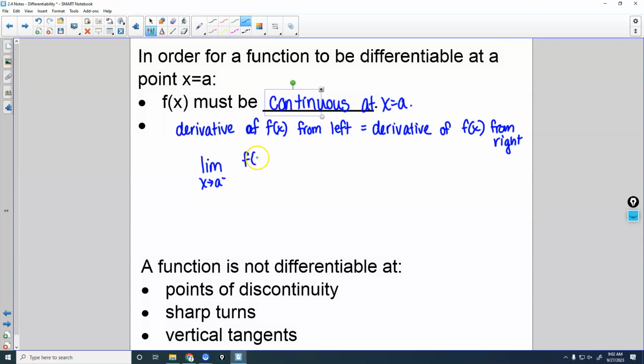It was f of x minus f of a over x minus a. It must equal the limit as x approaches a from the right of f of x minus f of a over x minus a.